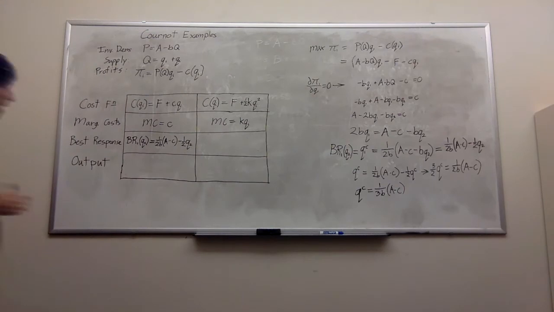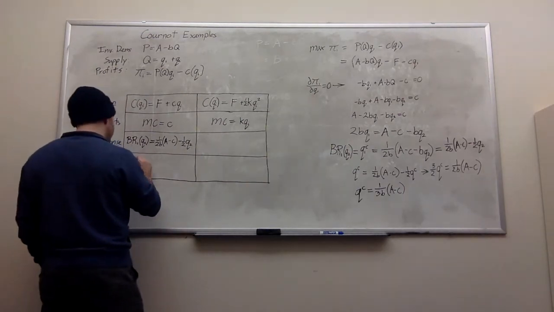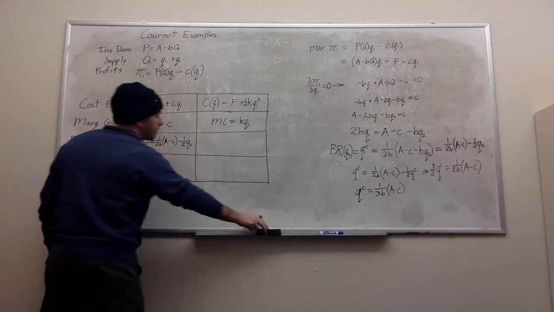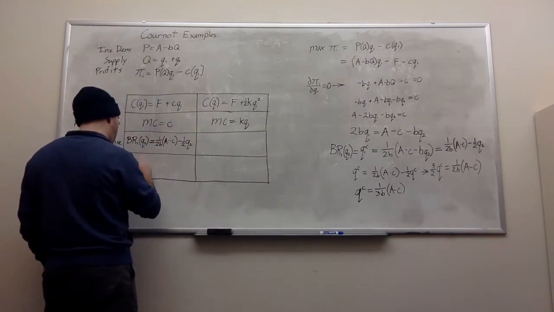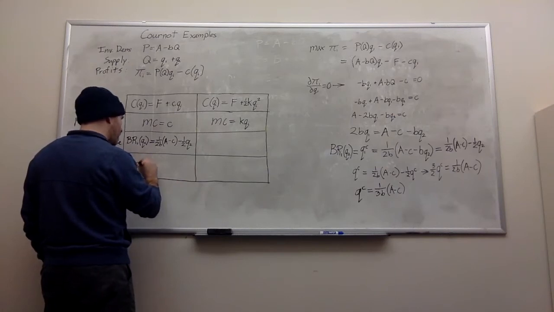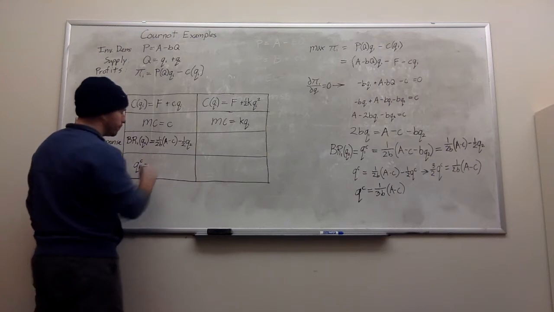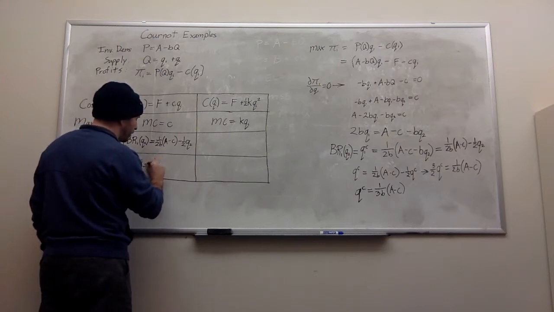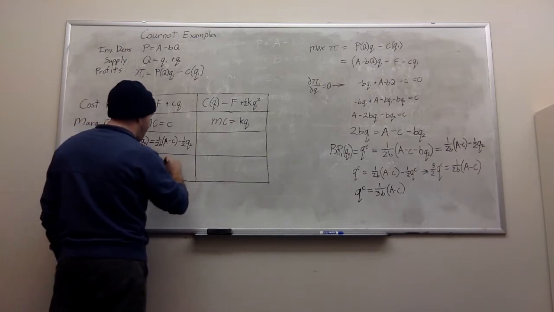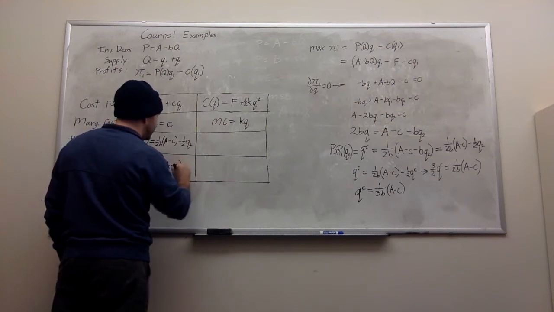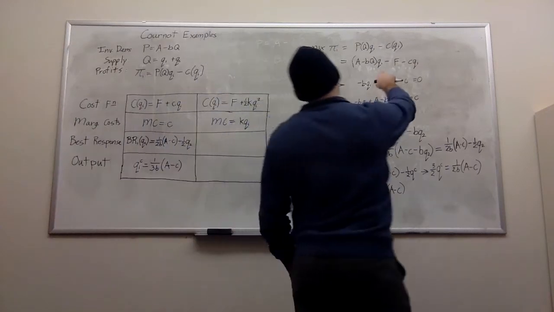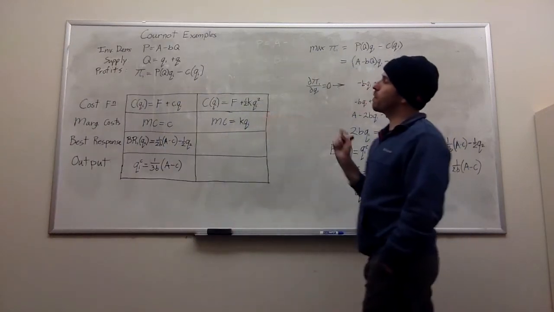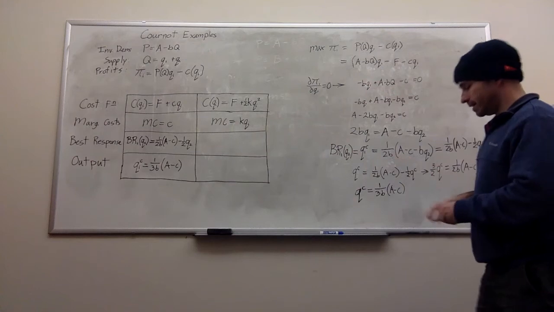Okay? And the output choice for either firm, QC, is equal to 1 over 3b times A minus C.